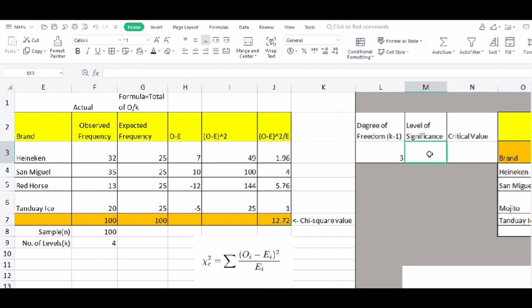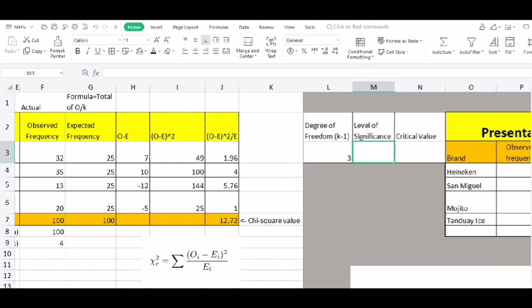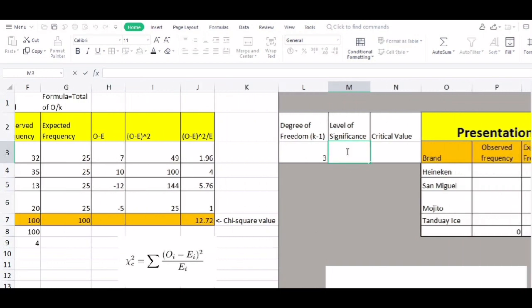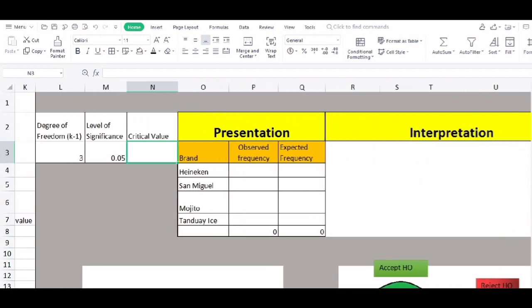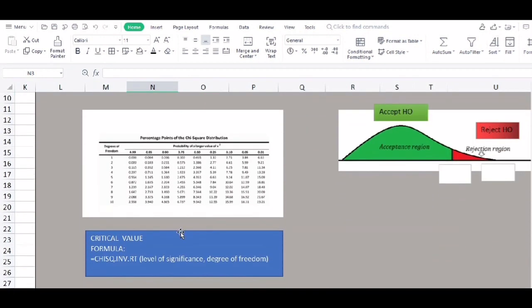So this is what we call also alpha level. It is the posibilidad na makagawa ng maling decision kapag ang null hypothesis ay totoo. That's why we are using only 0.05 or what we call 5%. Kasi kapag 95%, we are confident na ang resulta ay makatotohanan. We are using 5% or 0.05 only to test the hypothesis.